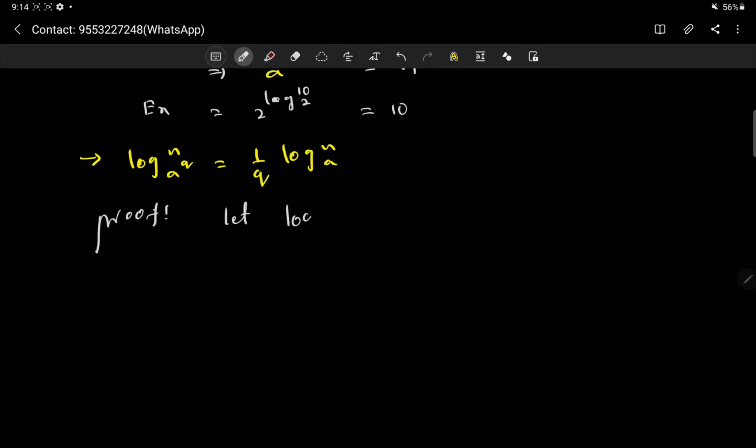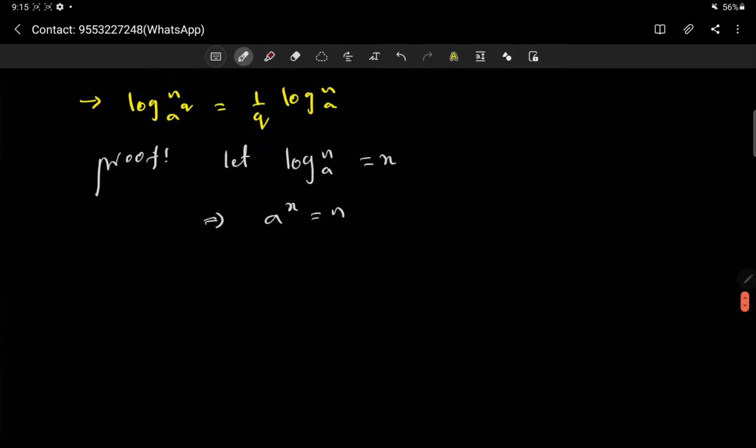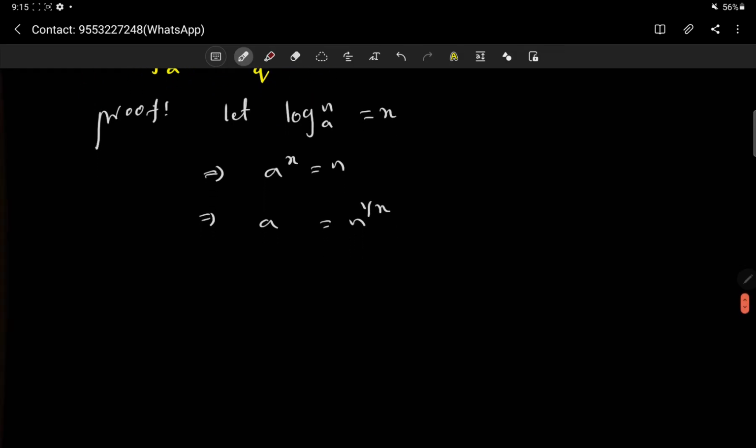You take log n base a is equal to some x. So from here what do you have? A power x is equal to n. Okay. So this implies a is equal to n power 1 by x. Now taking power q on both sides, a power q is equal to n power q by x.